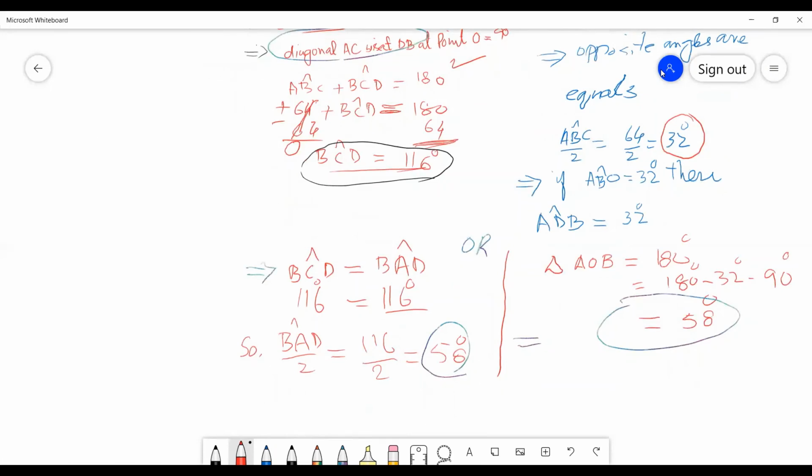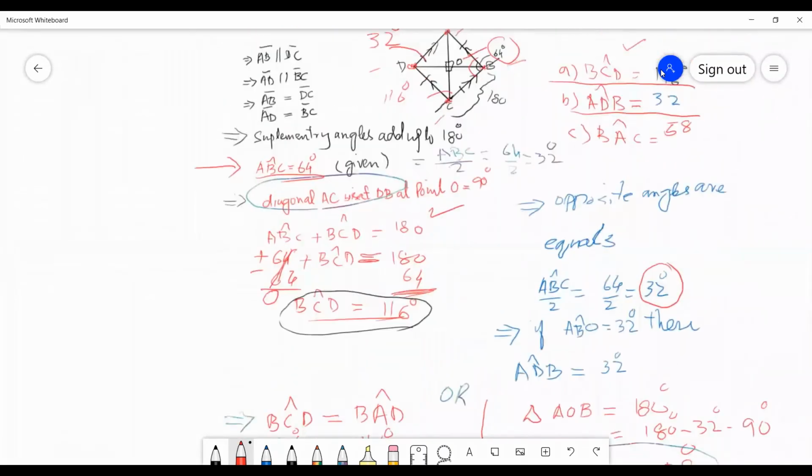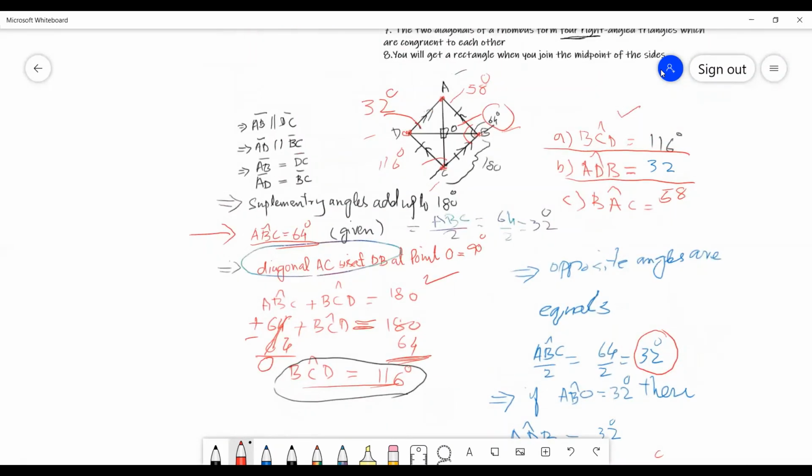So 116 divided by 2 is equal to 58 degrees. So our required angle BAC will be equal to 58, the half of 116.